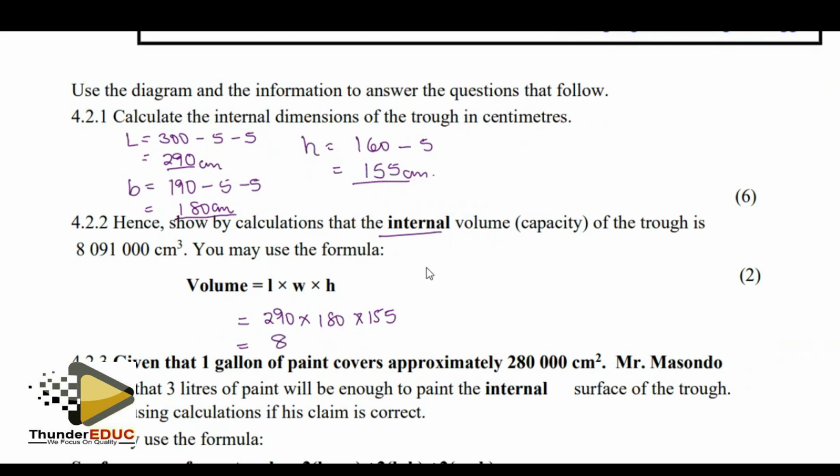That is the answer. They are saying hence, so simply meaning you're supposed to use the values that you find here. These are the values that we are supposed to use.